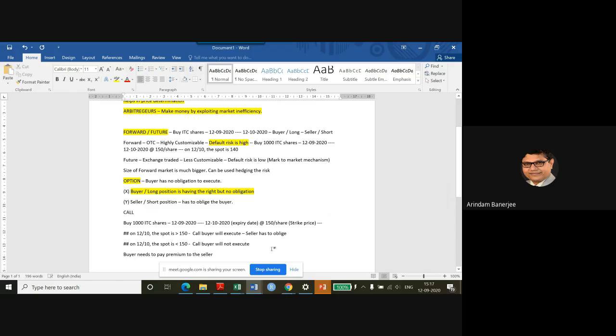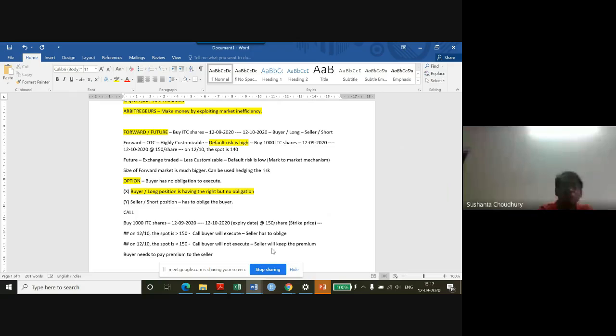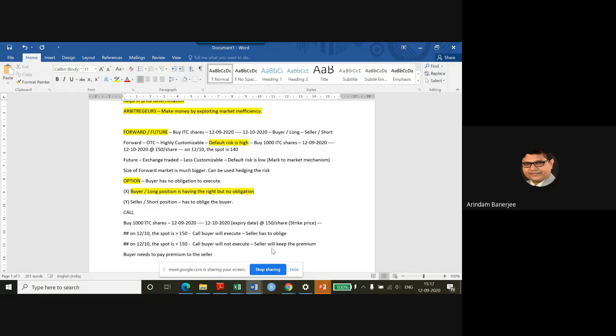But in the second case, the call buyer will not execute, and the seller will keep the premium. The seller will keep the premium. The premium is the price the buyer is paying to the seller for getting the right.